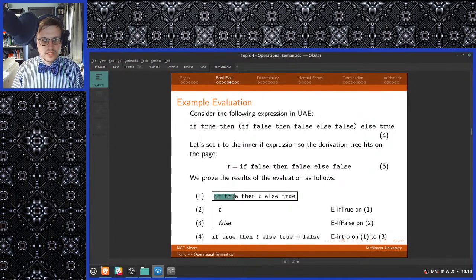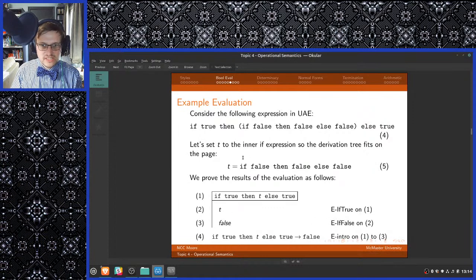We start with if true, then t, else true, and that's our premise. We have t is if false, then false, else false. So we can apply, we must have t, because we can apply E-IfTrue on 1. 1 is our premise. We apply the rule E-IfTrue. We get t as the result.